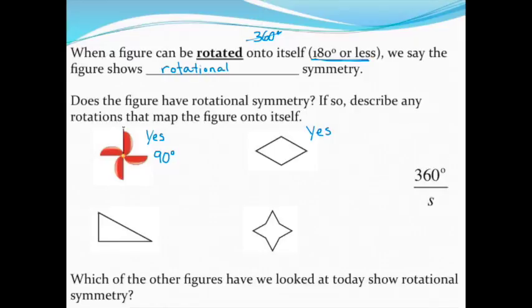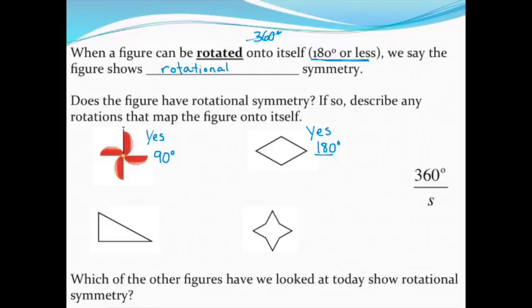If I took it and spun it 180 degrees, I would have that same shape. Now, some of you are really good at figuring out what this rotation is. You can imagine turning your paper, or you can visualize in your head. I'll show you once we finish these last 2 examples a way you can sort of use a formula to come up with that answer if you're having difficulty.